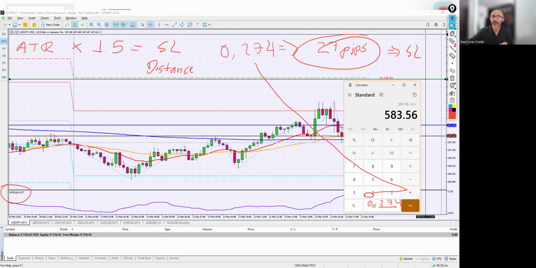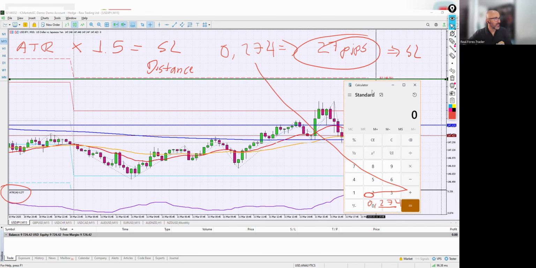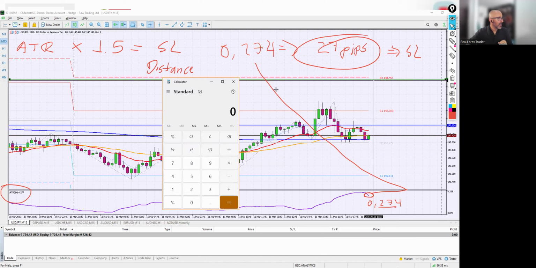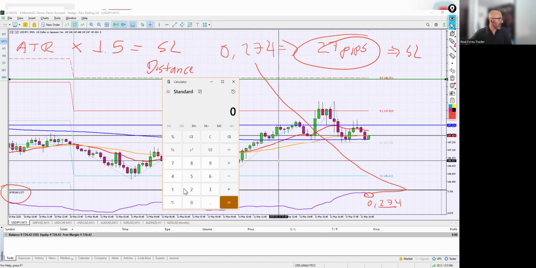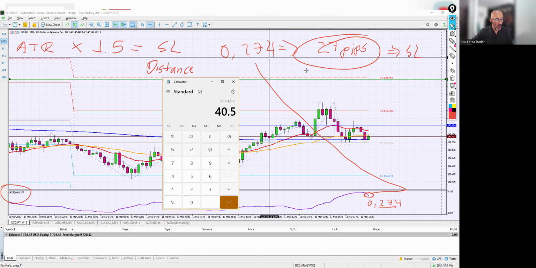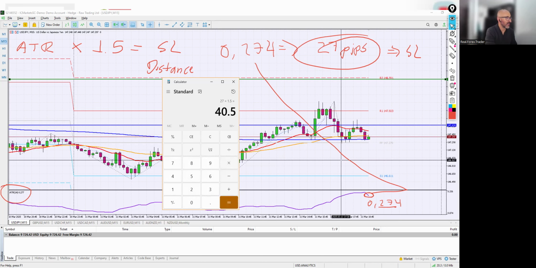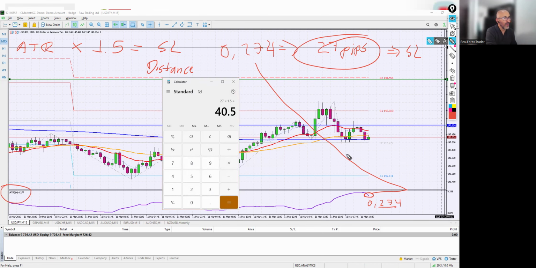So 27 pips, 27 times 1.5 equals 40 pips. So my stop loss is going to be 40 pips, right? Let's round it to 40 pips.